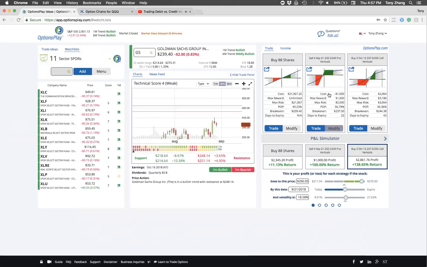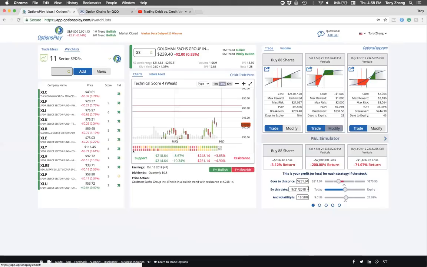So this is really where you can utilize our tool. You can set up any debit spread, you can set up any credit spread, put them side by side, and really say, where do I think the stock's going to go, and see exactly what the expected profit is, and what the expected losses are if the stock goes against you. So as you can see, if the stock goes down to 230, here I lose $2,000. Here I lose $1,500.